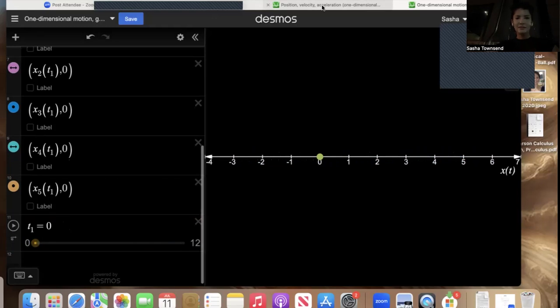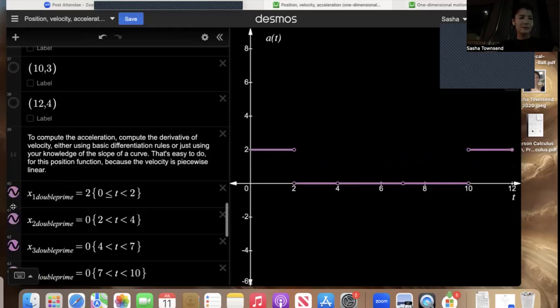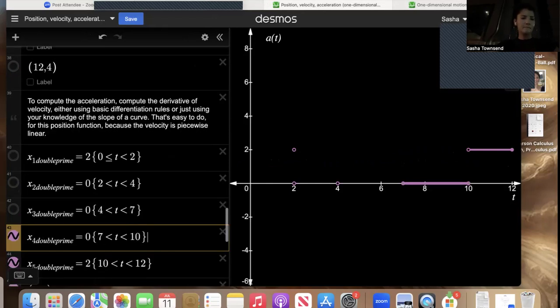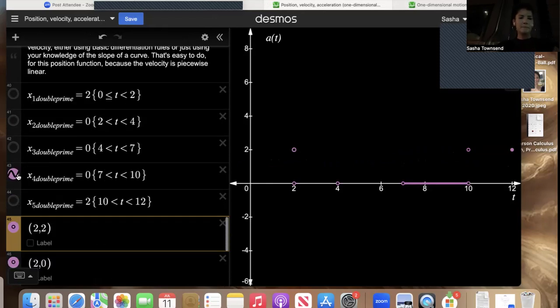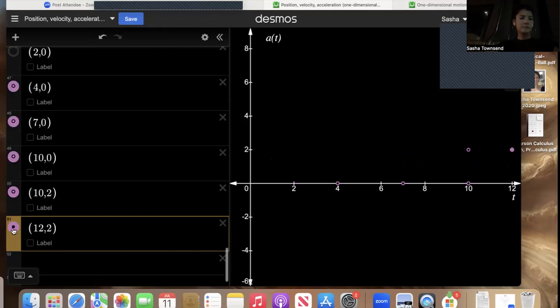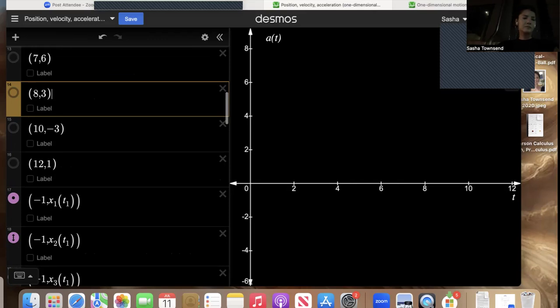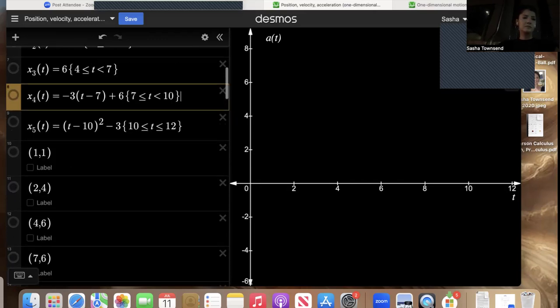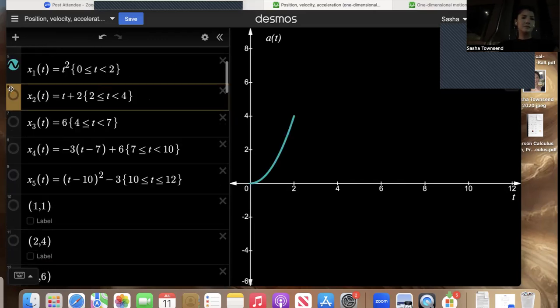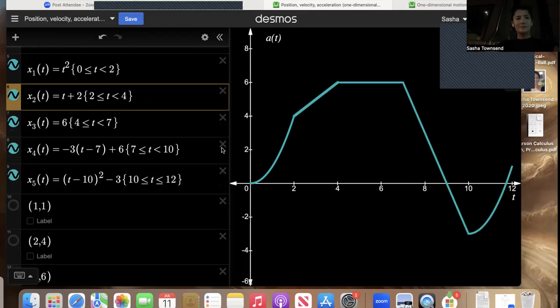So let's look at the original function. So here's our function.